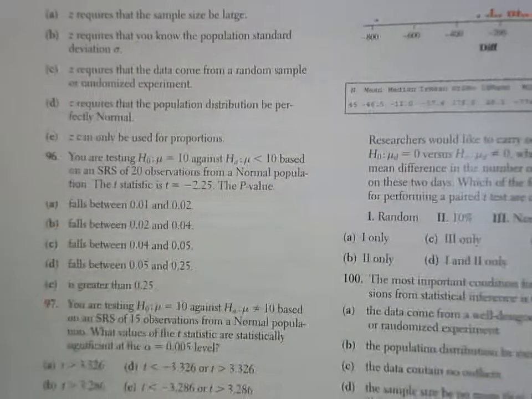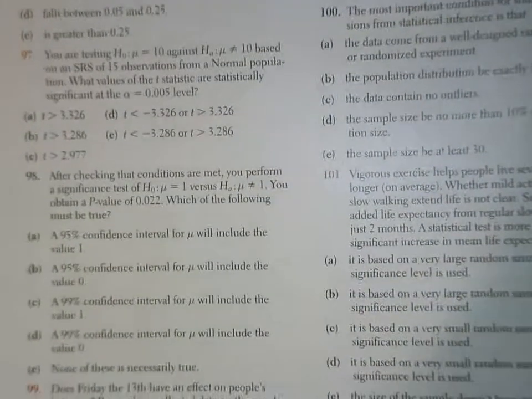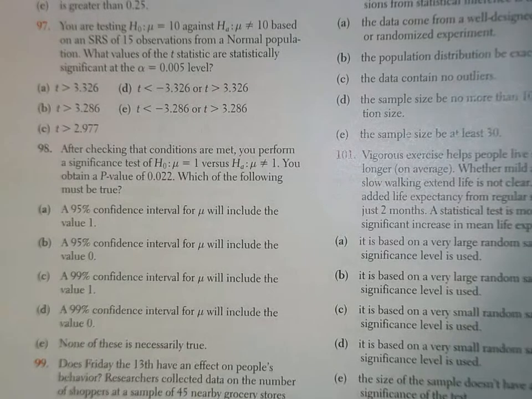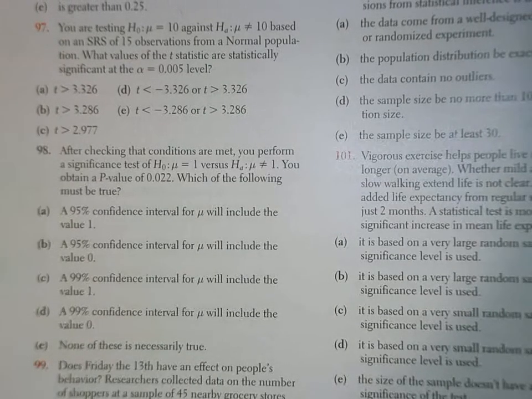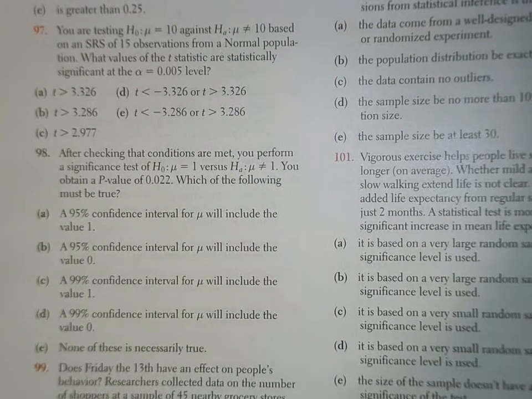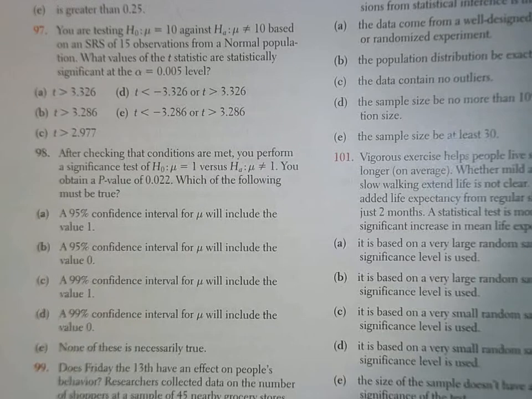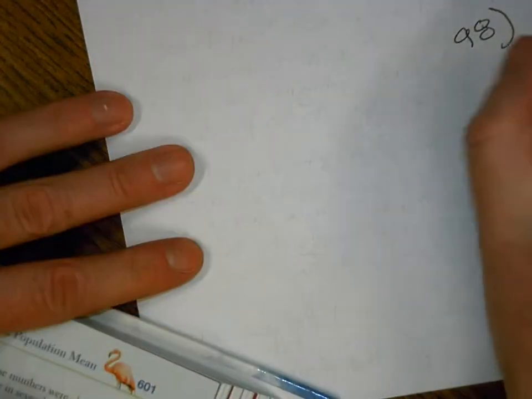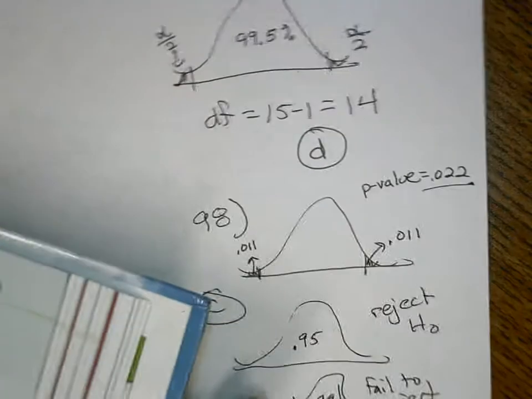The 95% confidence interval for mu will include the value 1? No. The 99% confidence interval will contain the value 1. I don't know what's going on with B and D and why they suddenly threw in a value of 0. But it should be C for 98. And then 99.